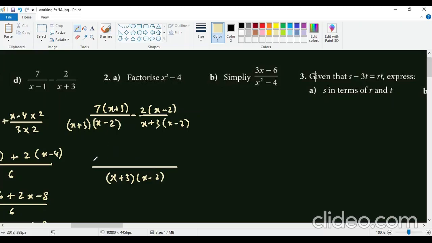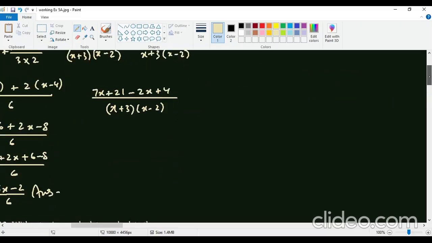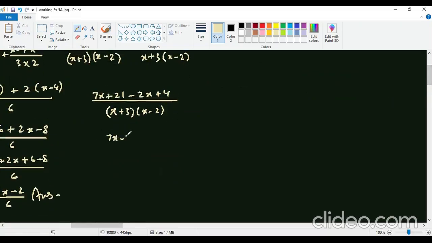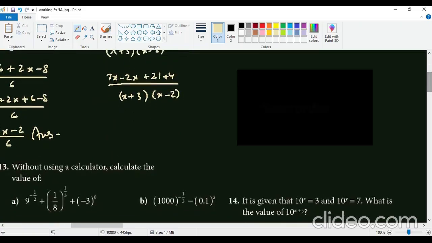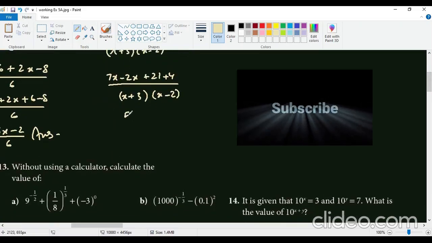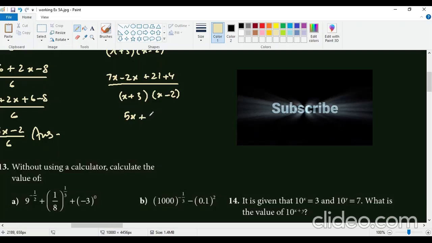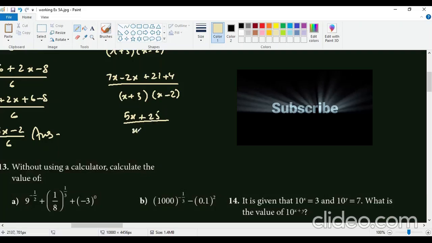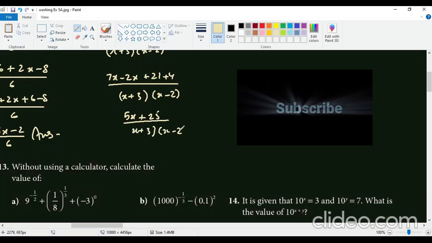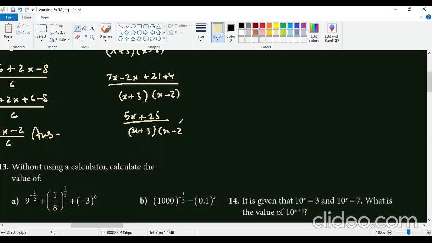On top, I'll write 7x plus 21 minus 2x plus 4. So, writing like terms together, 7x minus 2x plus 21 plus 4 over x plus 3 and x minus 2. In here, I'll get 7x minus 2x is going to give us 5x plus 25 over x plus 3, x minus 2. This is going to be your final answer.